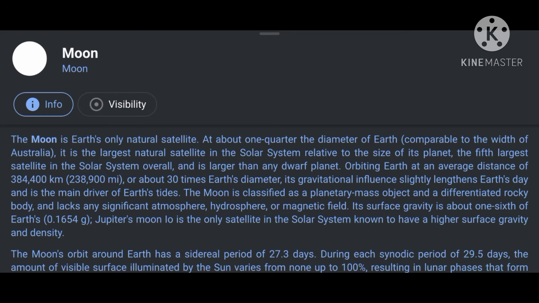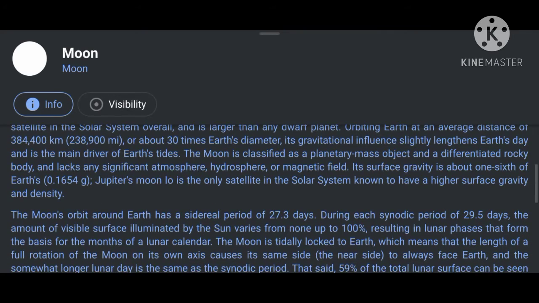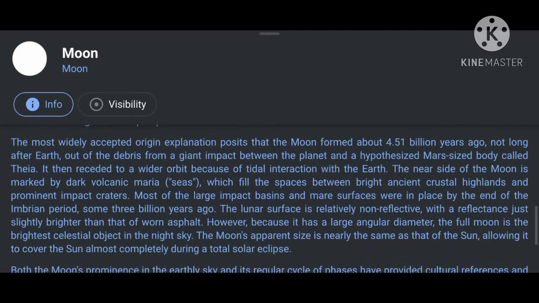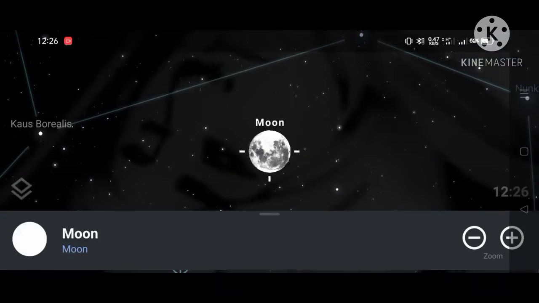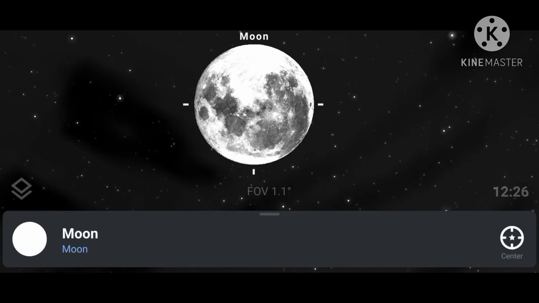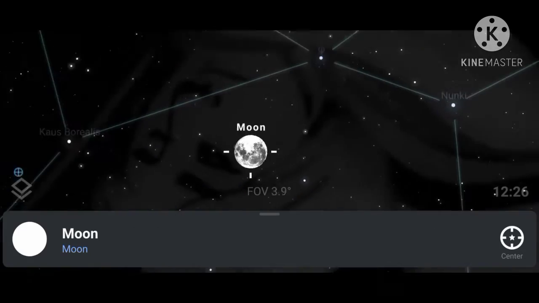Its gravitational influence slightly lengthens the Earth's day and is the main driver of the Earth's tides, which cause the high and low tides as we experience them on Earth. Its surface gravity is about 1/6 of the Earth's. So we will discuss later how it formed and also take a more detailed look at the surface pictures of it. So please stand by.